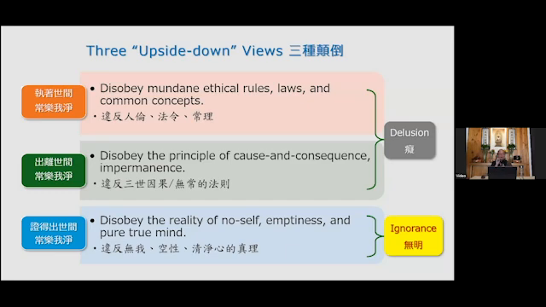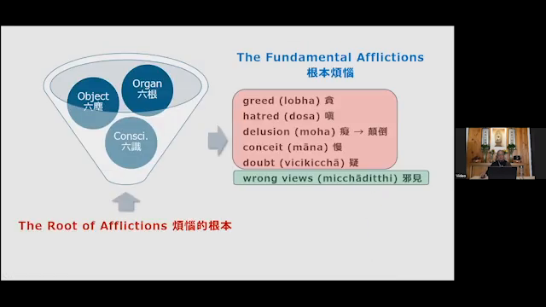Our mind is not luminous, so we cannot see that actually it's no self, and it's emptiness, and it's pure. This is it. So let's get back. Okay, so this delusion, the first 2 levels of ignorance, belongs to the fundamental affliction here.